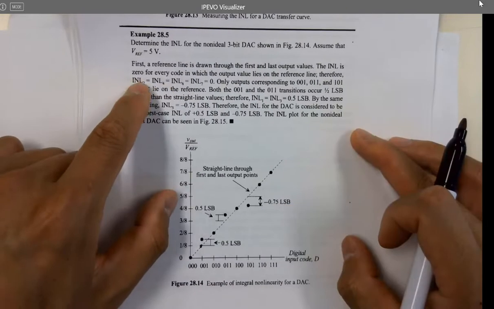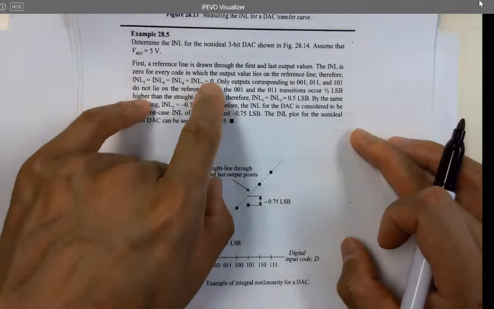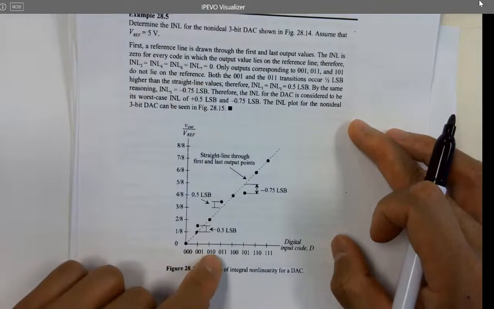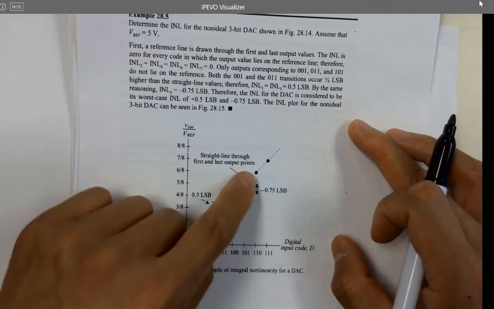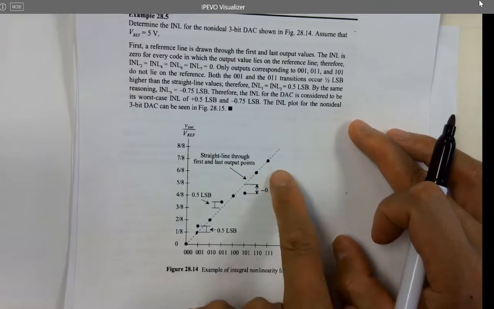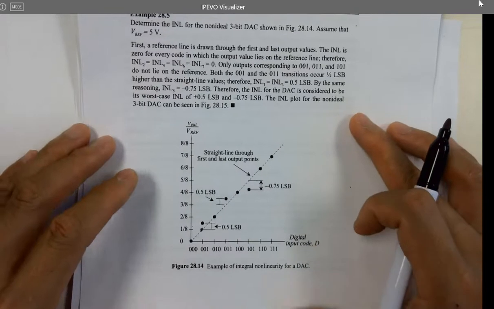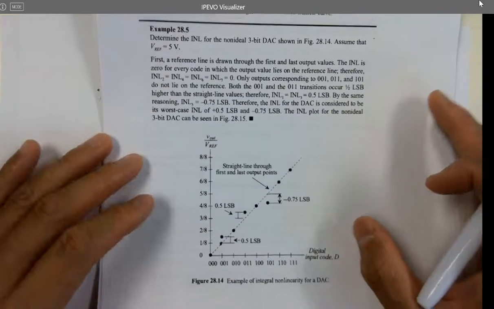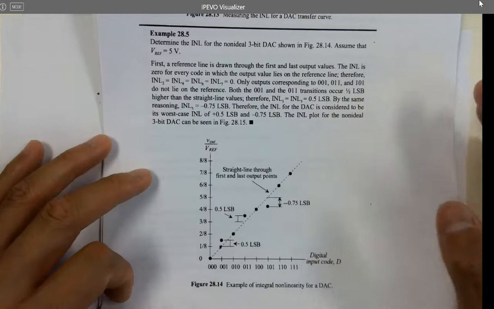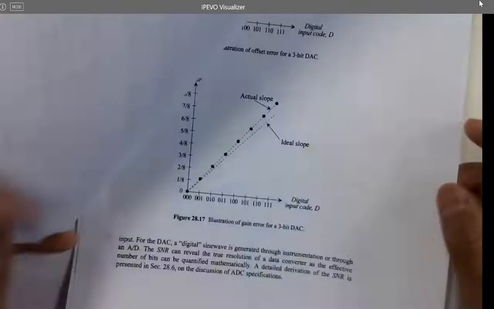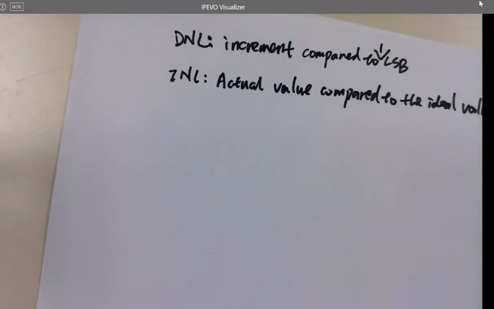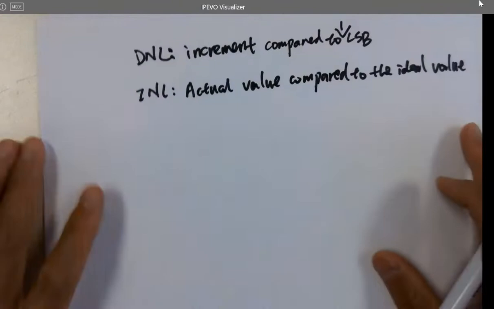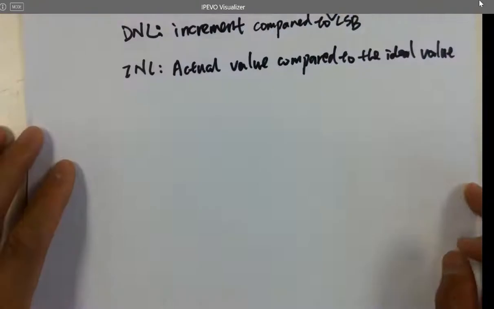And for INL 2, 4, 6, 7, these are zeros. Okay, just got this sorted out. And then there's one example which you'll see on the home assignment. After this one, you should be able to finish it and turn it in on Friday.